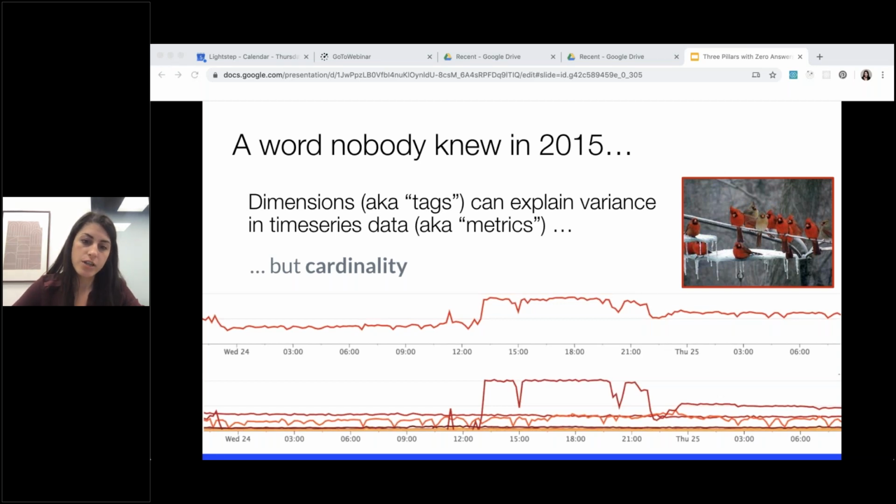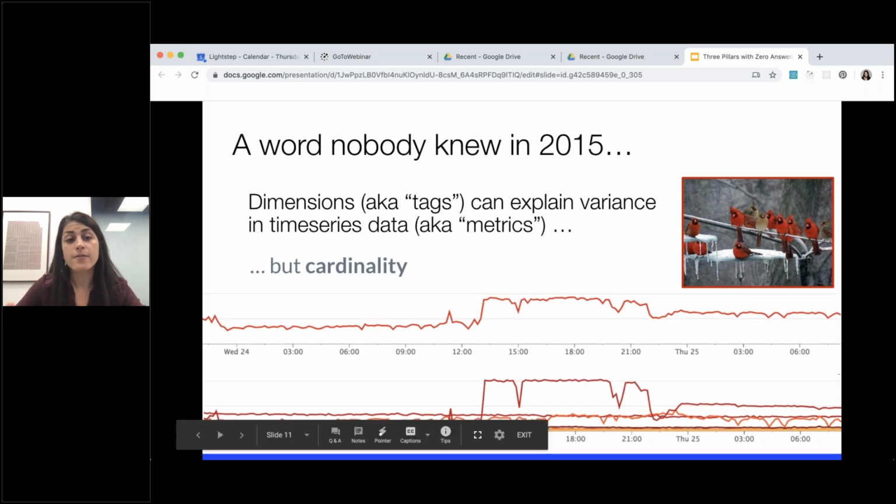So if there are a large number of values, that means that there is a high amount of cardinality for a particular tag. This cardinality issue is really a significant pain point for metrics, and it's been a centerpiece for a lot of product marketing for a lot of companies. And there's not an easy solution right now. It's just getting pretty expensive. So that's the fatal flaw with metrics, is that cardinality can be quite expensive.